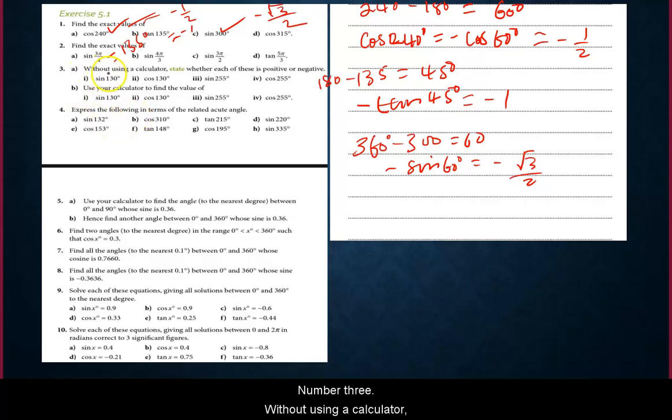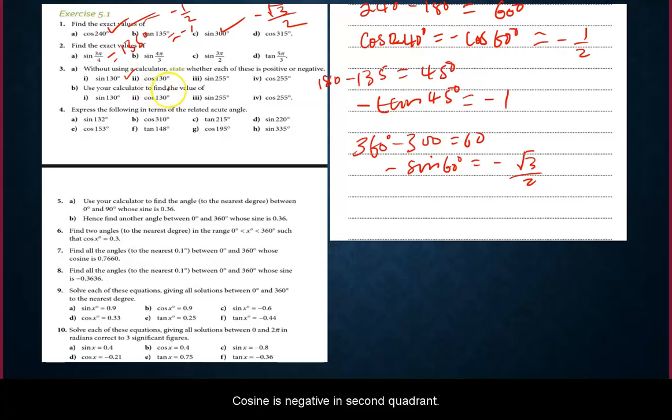Number 3, without using a calculator, state whether each of these is positive or negative. So look at the first one. Sine 130 is in which quadrant? Sine 130 degrees is in the second quadrant, and sine is positive in the second quadrant. So this is positive. Cos 130.